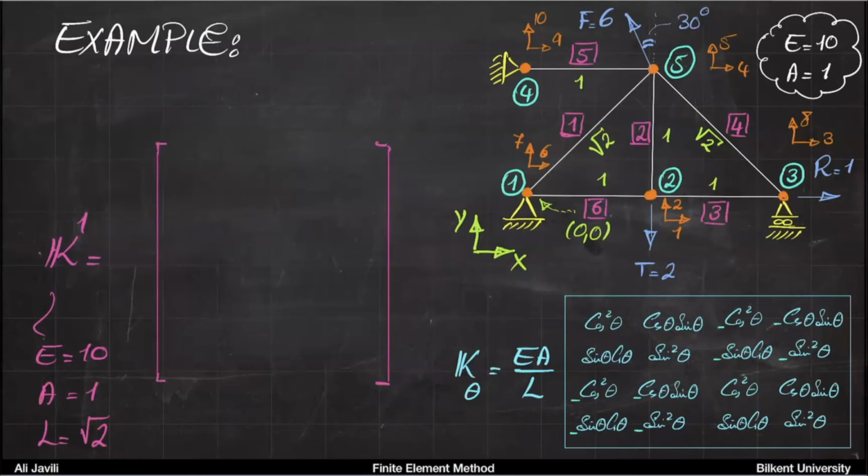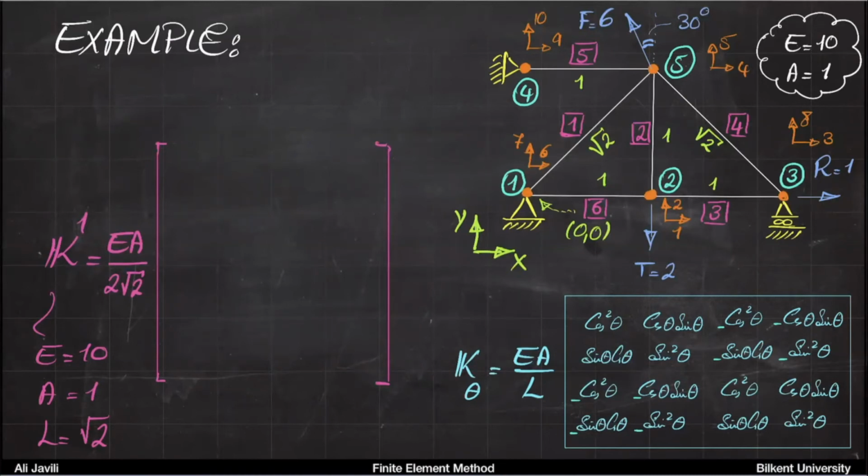If you do that, then you get something which looks like this. I take the EA as just constant because it's the same for all the elements, but here you would have 2 square root of 2. Again, the square root of 2 comes from L, the 2 comes from the cosine squared, or sine squared, or cosine times sine.